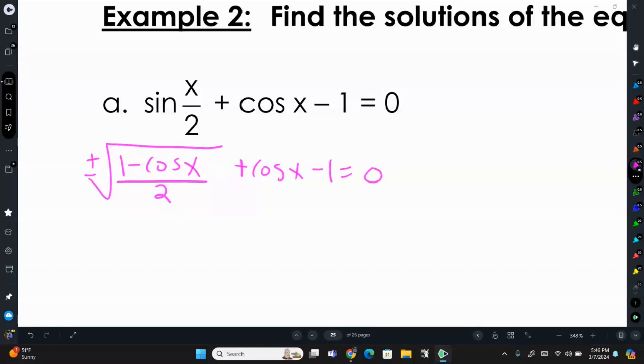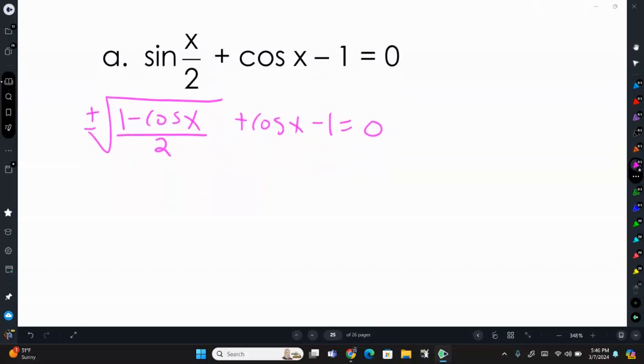So now our trig functions have the same angle. It's just x, just 1x to the first power. But we've now added a radical to our equation. So we're going to have to remember how we solve radical equations. And what we need to do is get this radical by itself and then square both sides.